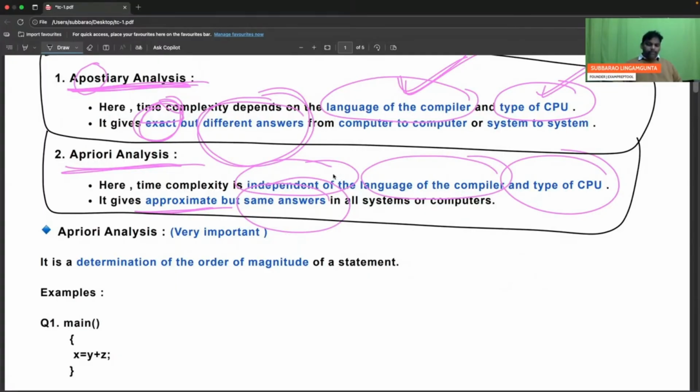Simple: dependent analysis, independent analysis. If you take actual things into consideration, that is called post-theory analysis. If you don't take care of language of compiler and type of CPU, that is called priori analysis. The advantage is the same answer in every system. The drawback is you will get an approximate answer.